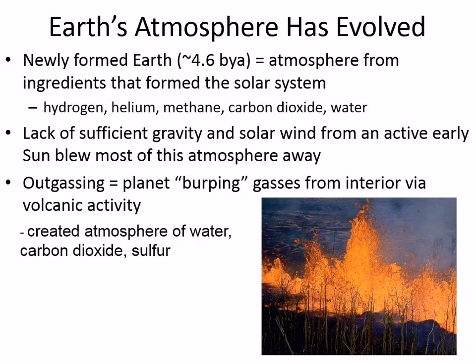And so it burped. And what it burped still wasn't nitrogen. It released from the inside of the planet water vapor and carbon dioxide and sulfur. Actually, if you visit Venus, carbon dioxide is most of its atmosphere. It's not nitrogen. So after that, we still don't have nitrogen.